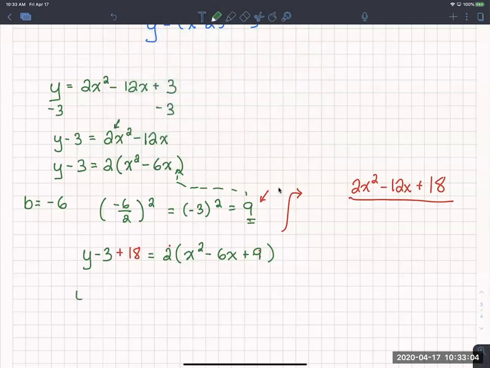So the first thing we do is combine my like terms on the left side, which gives me 15. And on the right side, I factor. So it is the square root of the first term, which is x, plus or minus, depending on what this is, so minus the square root of the last term. And we finish up by subtracting 15 or moving 15 to the opposite side.